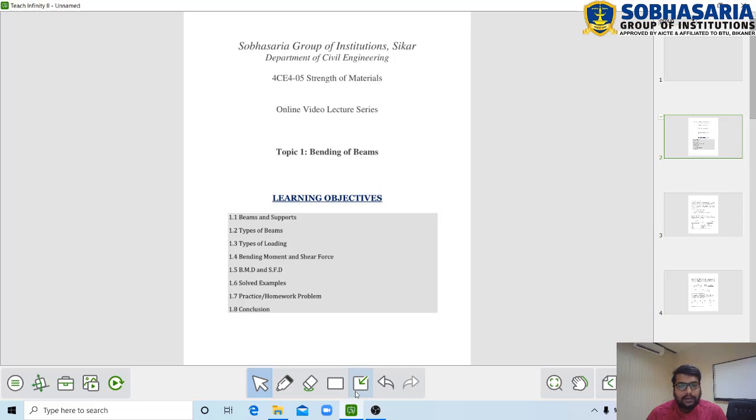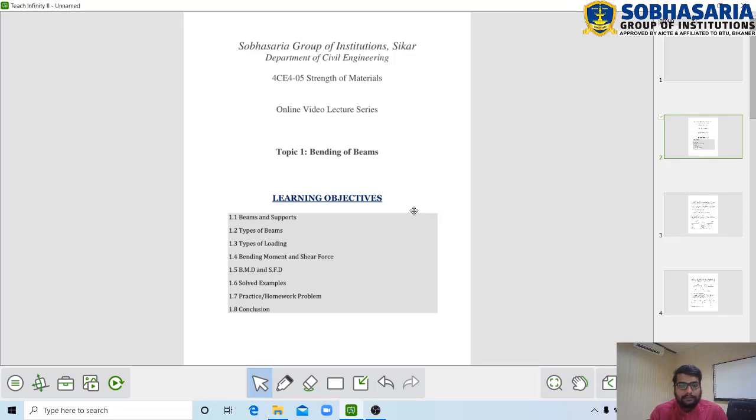So we'll see what are the types of beams according to their support conditions. Then we will see the types of loadings.